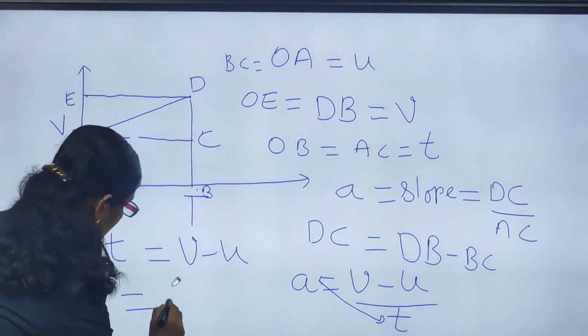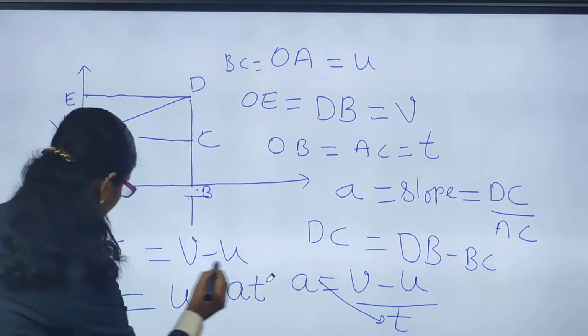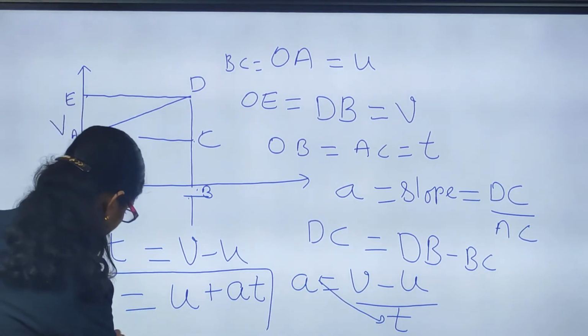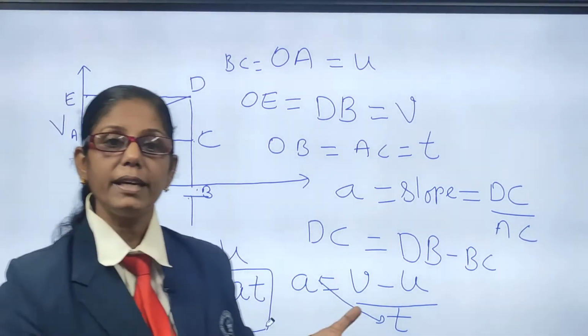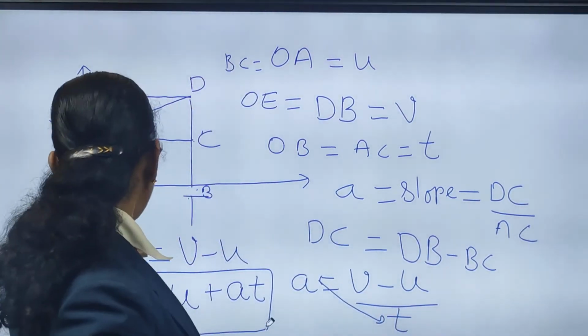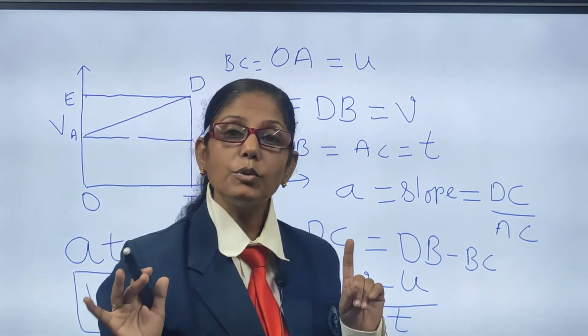V is equal to U plus AT. So, what did we get? This is the first equation of motion. V is equal to U plus AT. Did you understand how to do it?